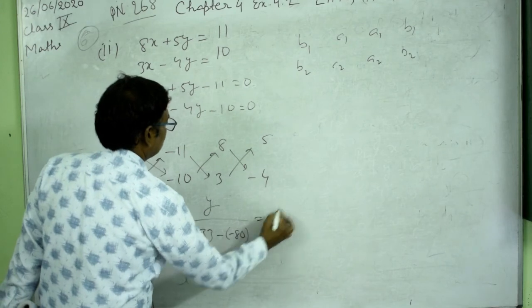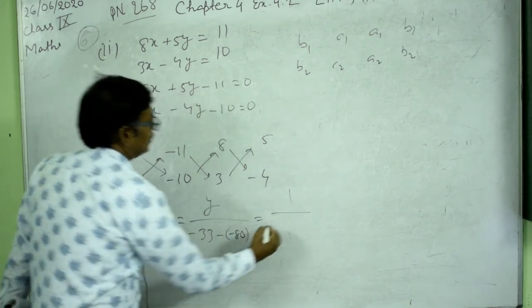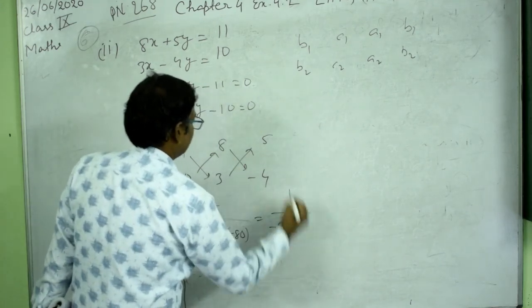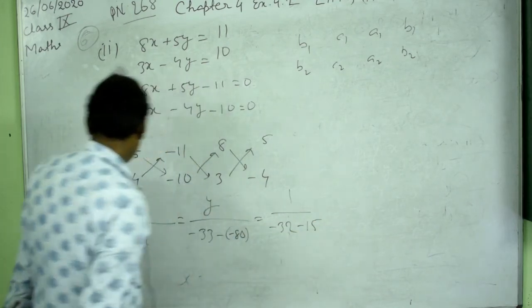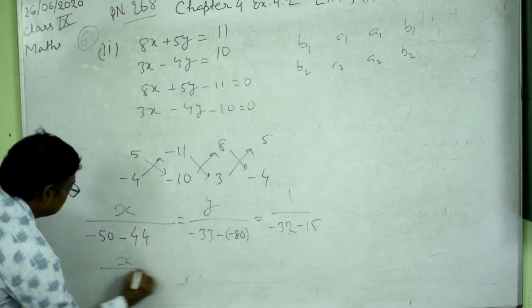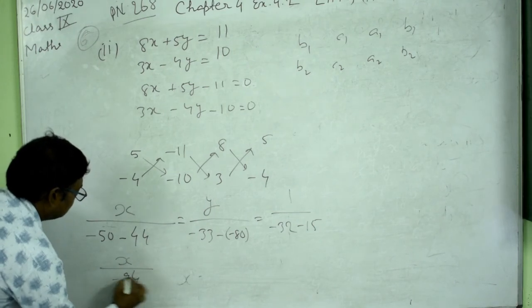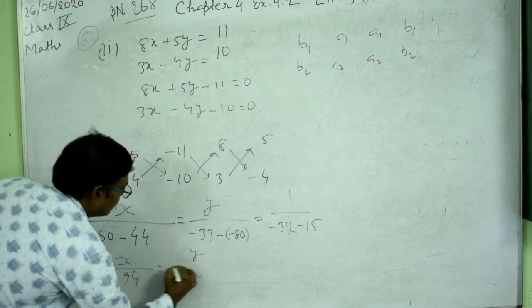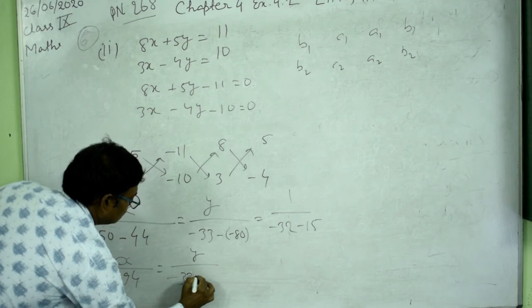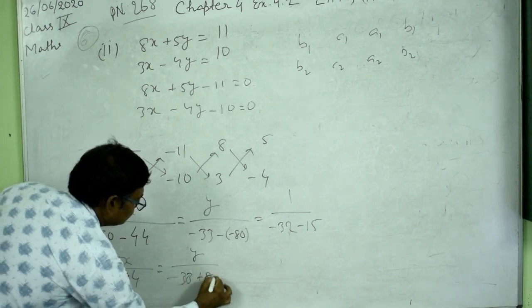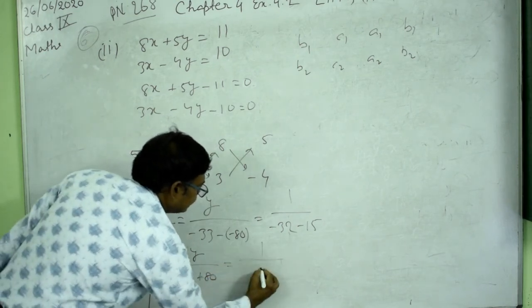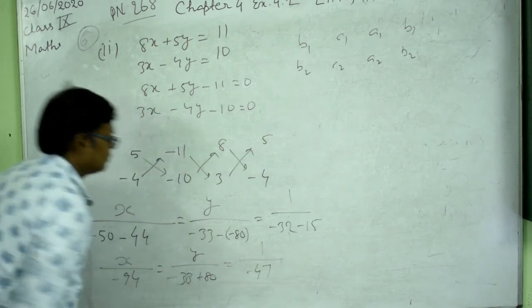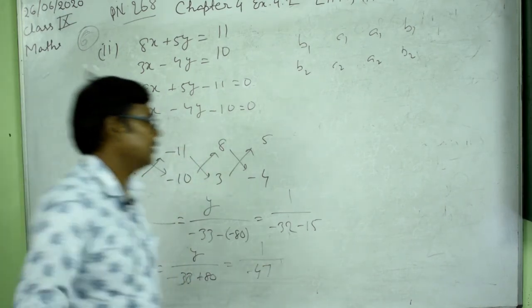Equal to 1 by negative 32 and 5 into 3 are 15. When you add this, you will get minus 47. And here y by minus 33 plus 80 equal to 1 by this minus 47.